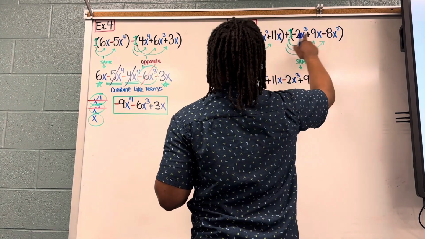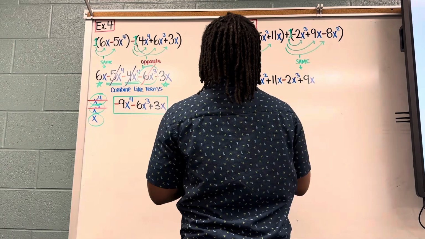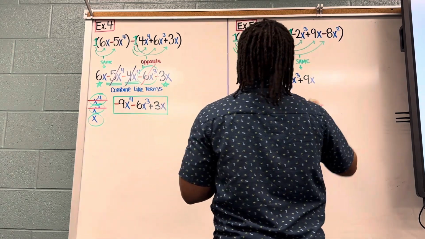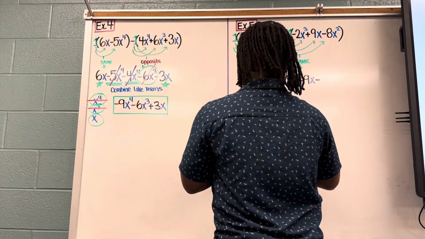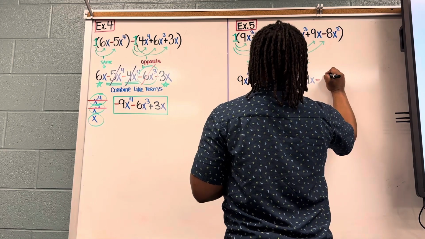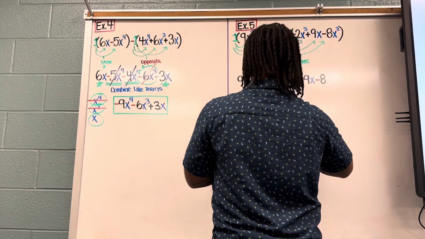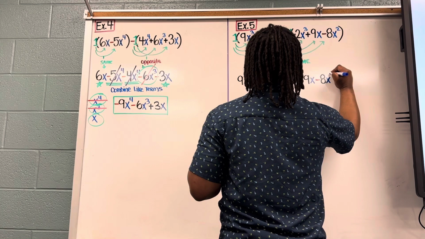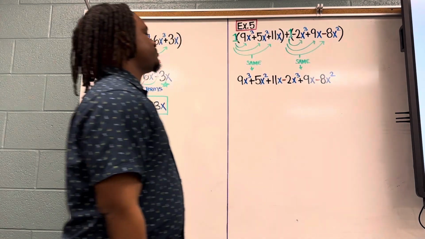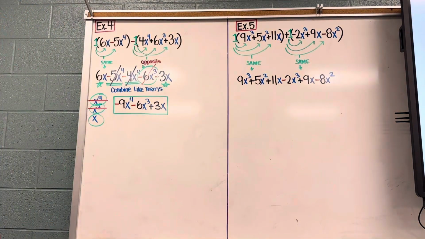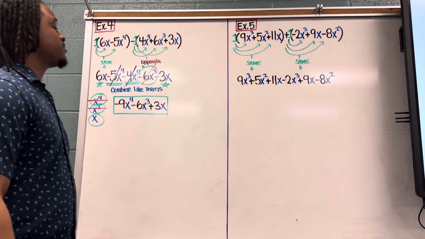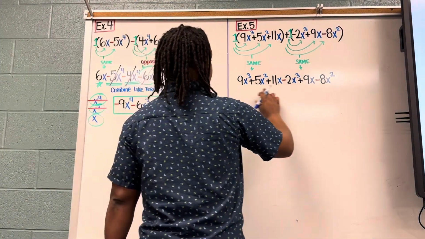And then 1 times a negative 8x squared is a negative 8x squared, okay? So once again, guys, I need to identify the variables, right? The only variable that we have is x.